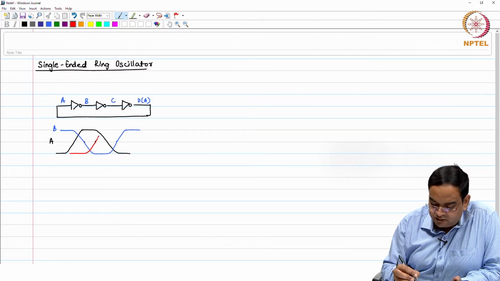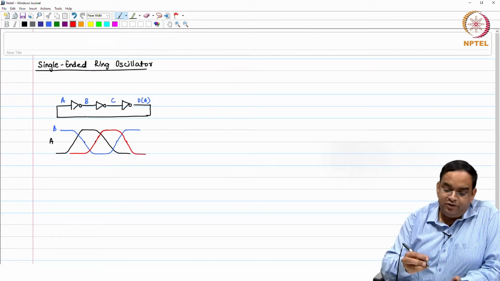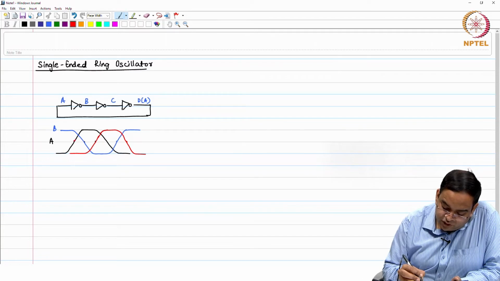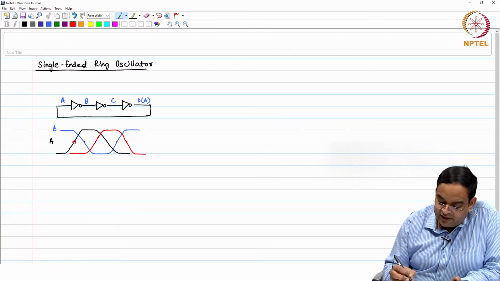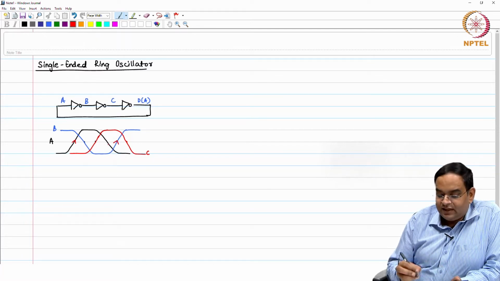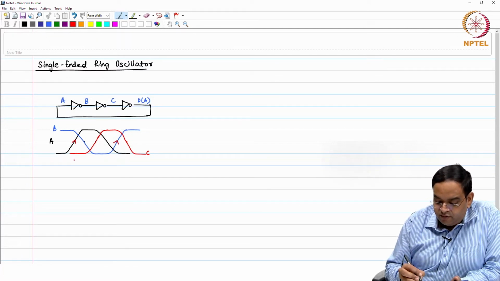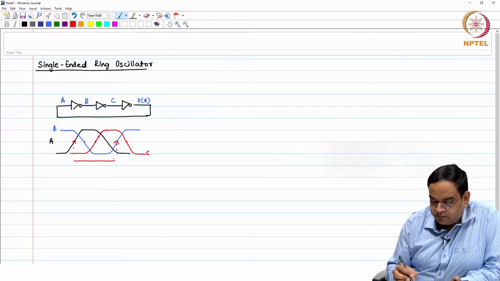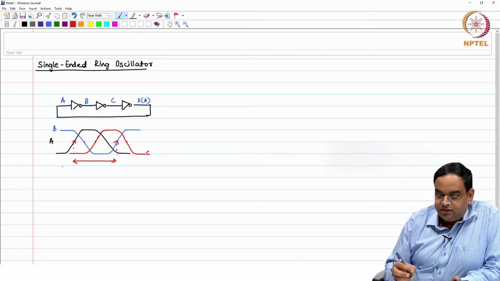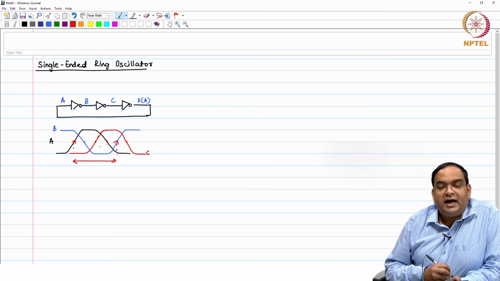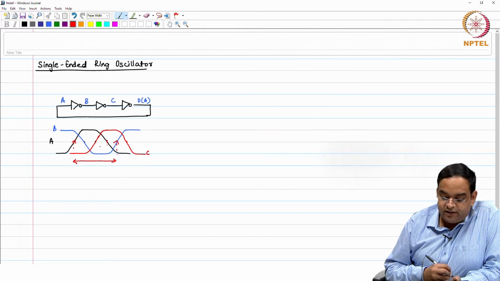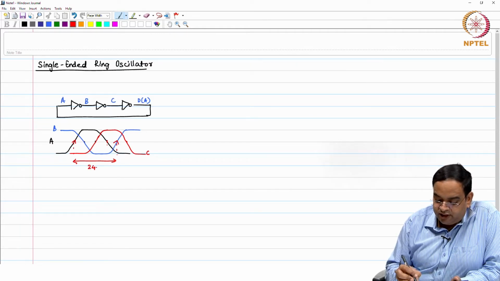There is an important thing to understand between these waveforms. If you look at the rising edge on A and rising edge on B, these two rising edges are separated by a phase, and this phase is actually 240 degree.